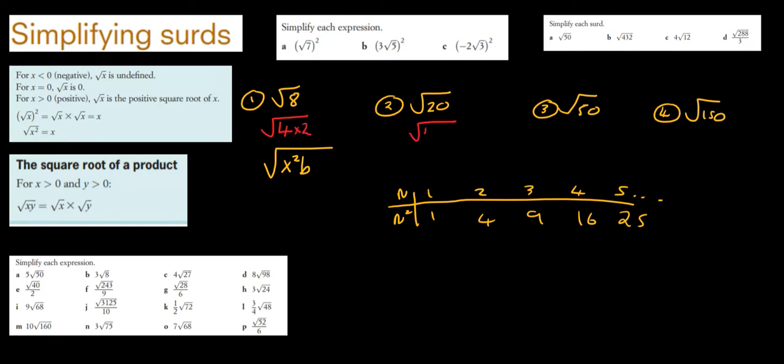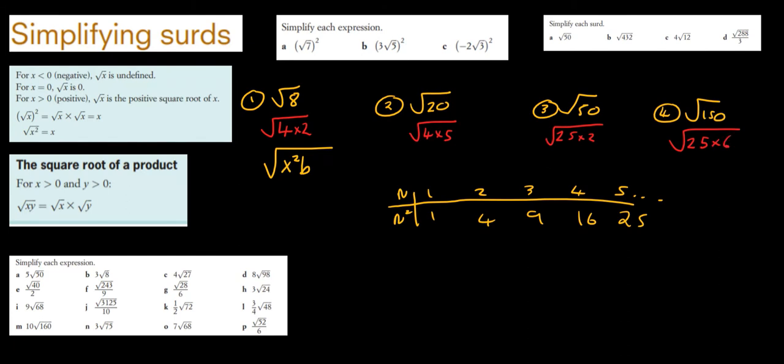This is the root of 4 multiplied by 5. And see if you can do 3 and 4. Pause the video. Okay, so 3 is 25 times 2, and number 4 is 25 multiplied by 6.